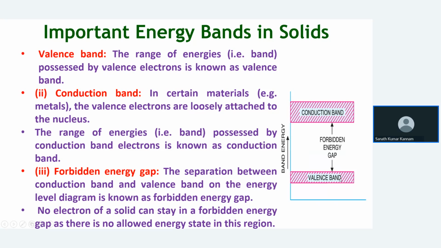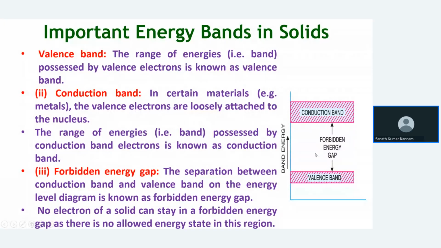When it jumps from the valence band to the conduction band, the electron becomes free. This is responsible for the conduction. The electron present in the conduction band is responsible for the conduction.